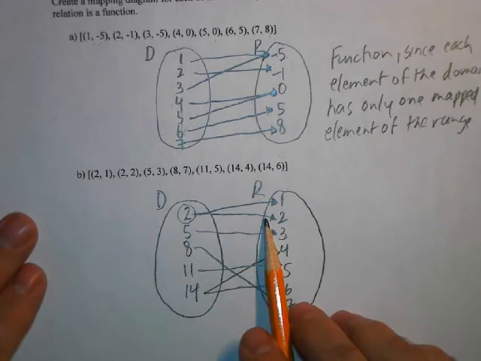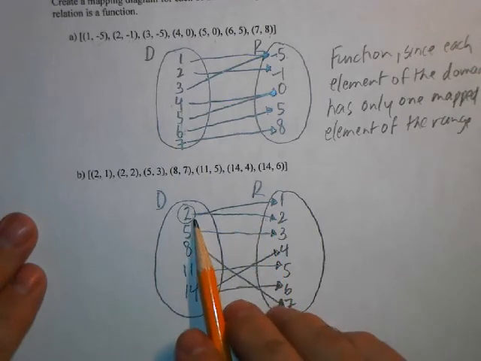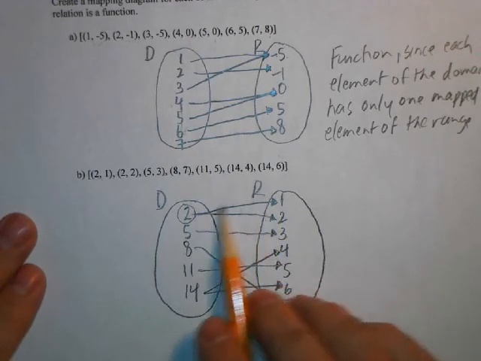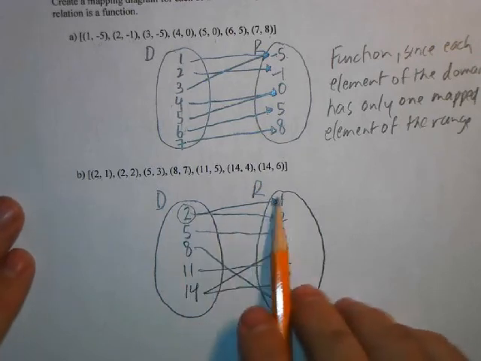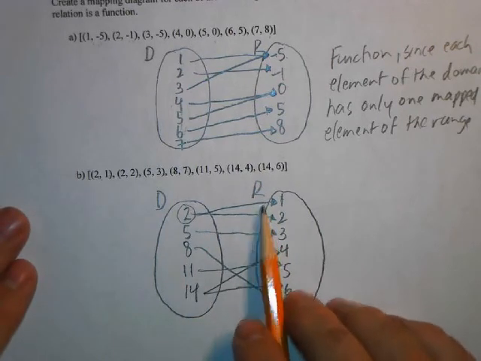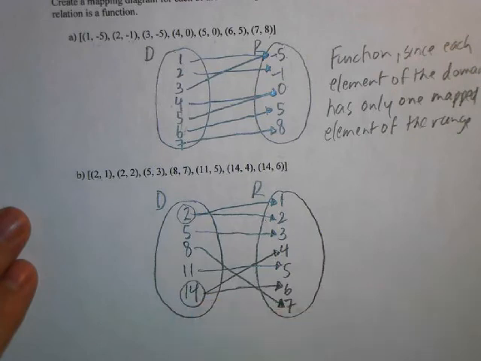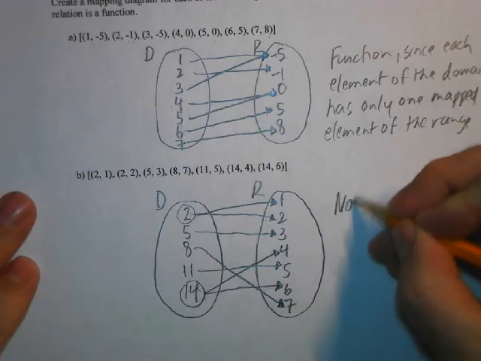That's a violation of what a function is, because a function can only have one unique value for each element of the domain. This one doesn't. This has 2. Same thing with 14. 14 has 2 arrows going off it, which means that element of the domain does not have a unique mapping or a unique output. Okay, so this is not a function.